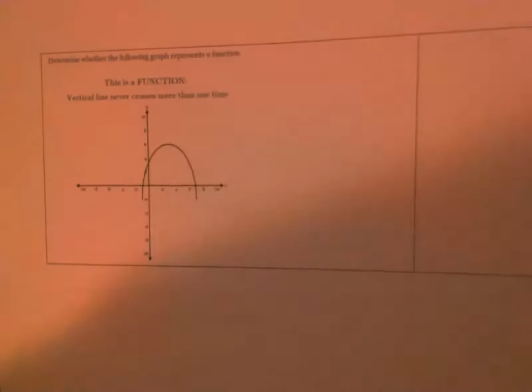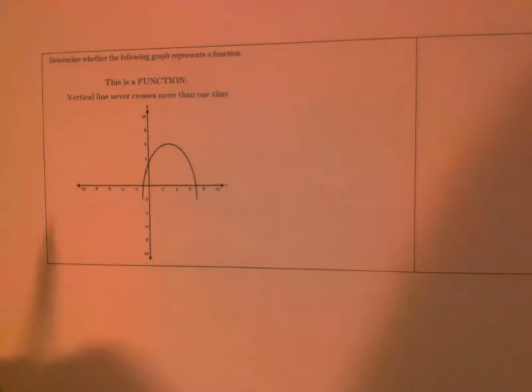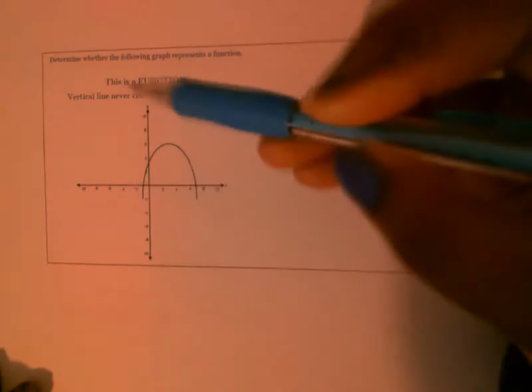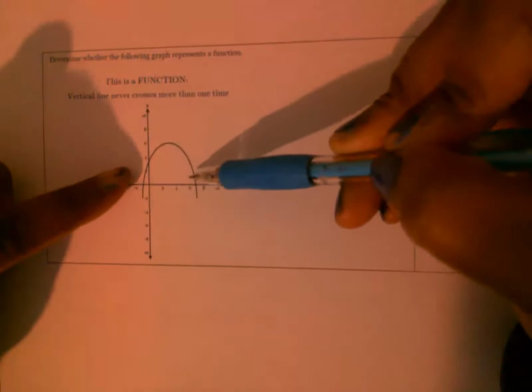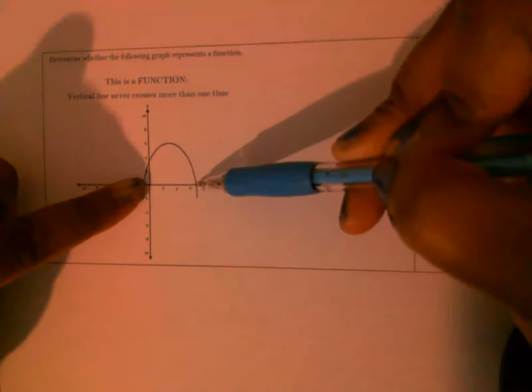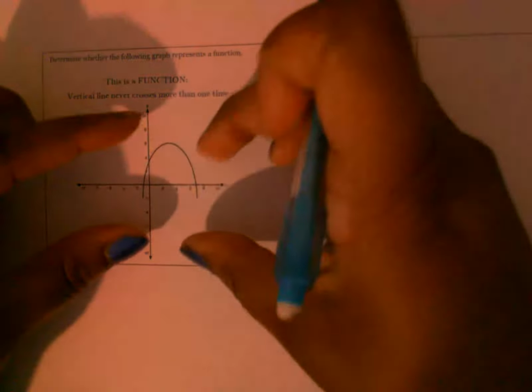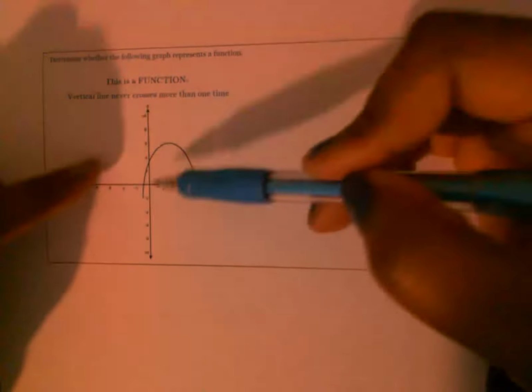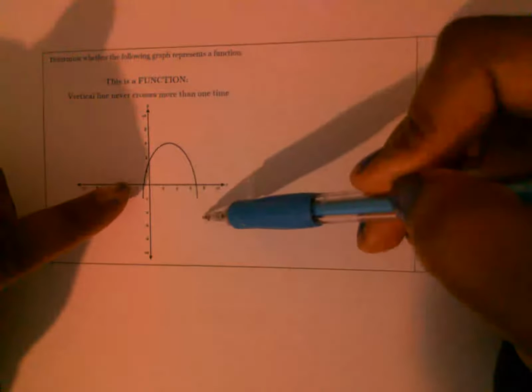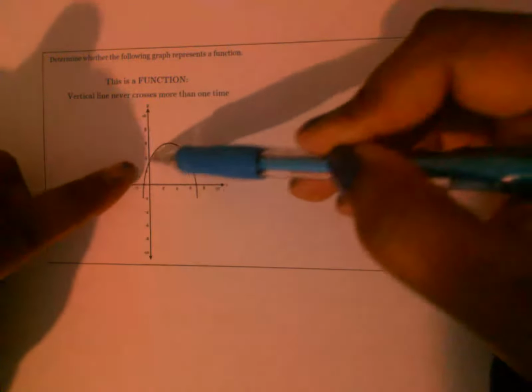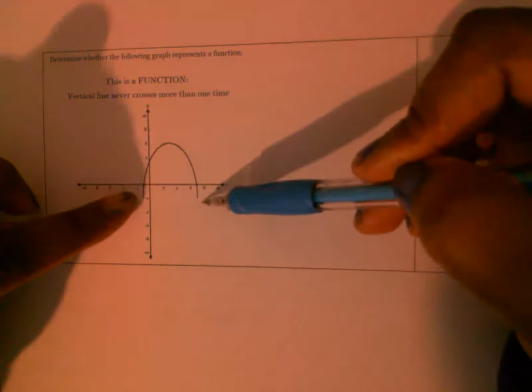Let's go to the next one. This one's kind of tricky, because it looks as though some of these x values are repeating. But if you zoom in a little bit more with these U shapes, all of these points are going to have different x values.